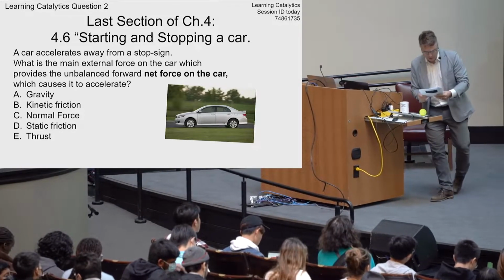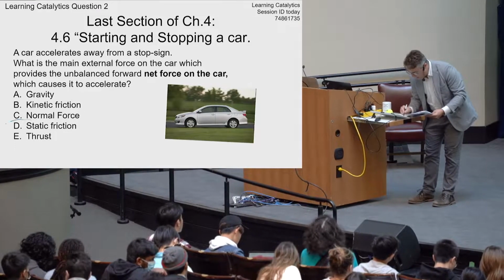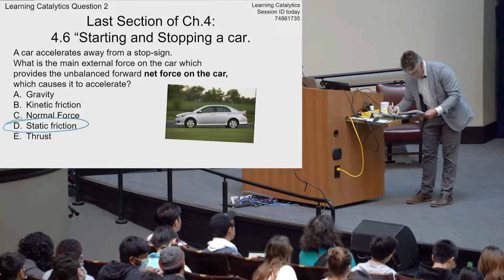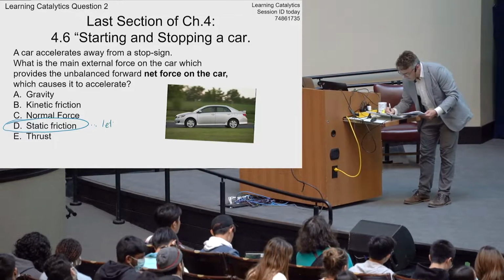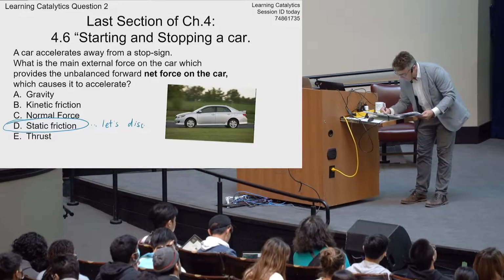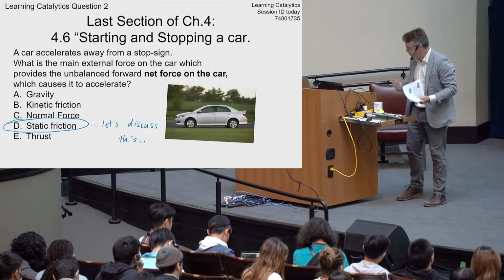I think you're all on the right track here. I'll circle this. I believe it's static friction, and let's discuss this, because it's not at all obvious. The thing's moving, right?